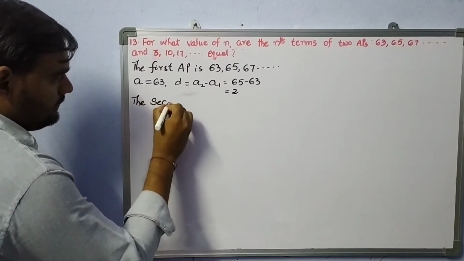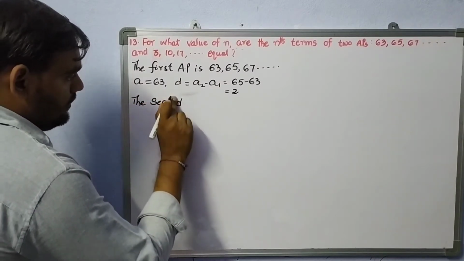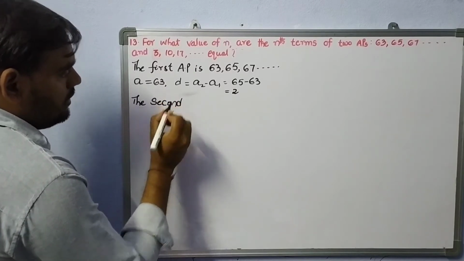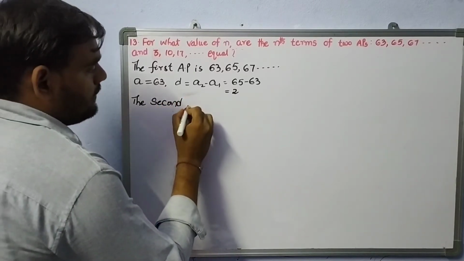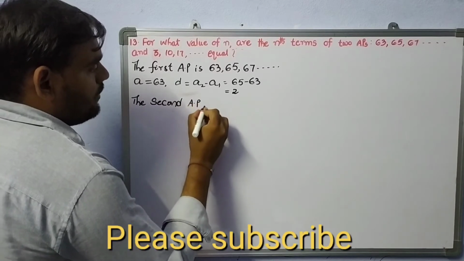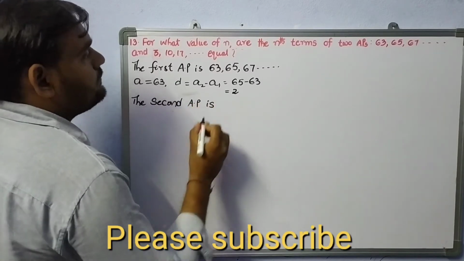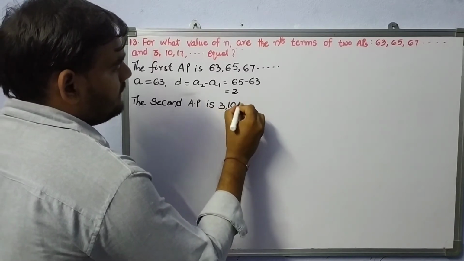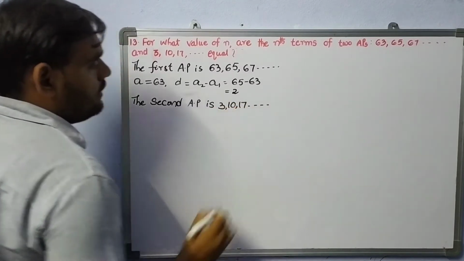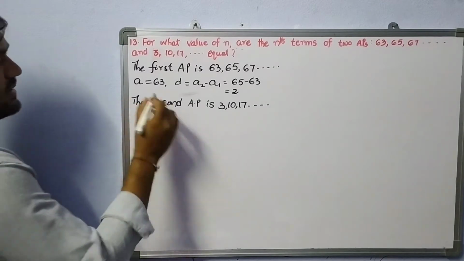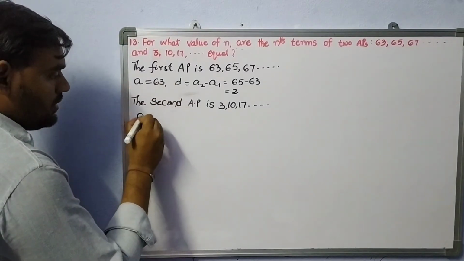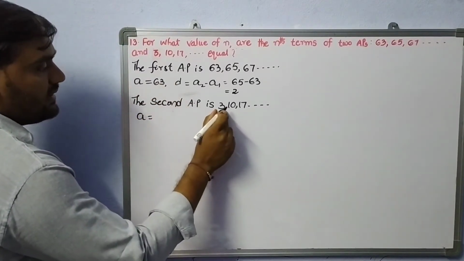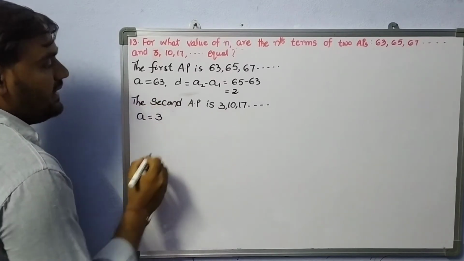Next, the second arithmetic progression AP is 3, 10, 17 and so on. Here the first term A is 3.